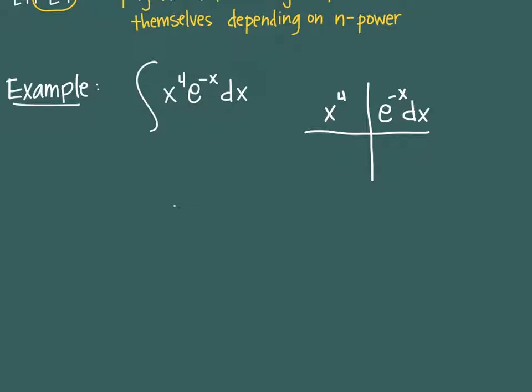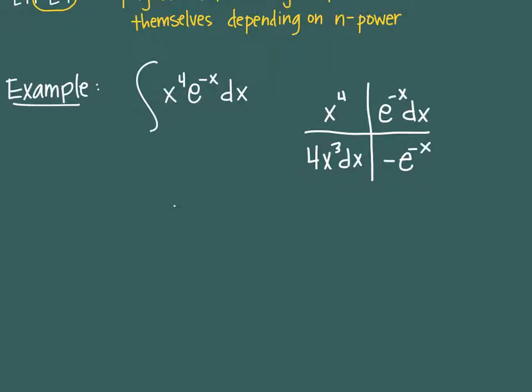So we get started the same way. From x to the 4th, the first derivative would be 4x to the 3rd with a dx on it. And on the other side, I'm going to have an antiderivative, which would be negative e to the negative x.